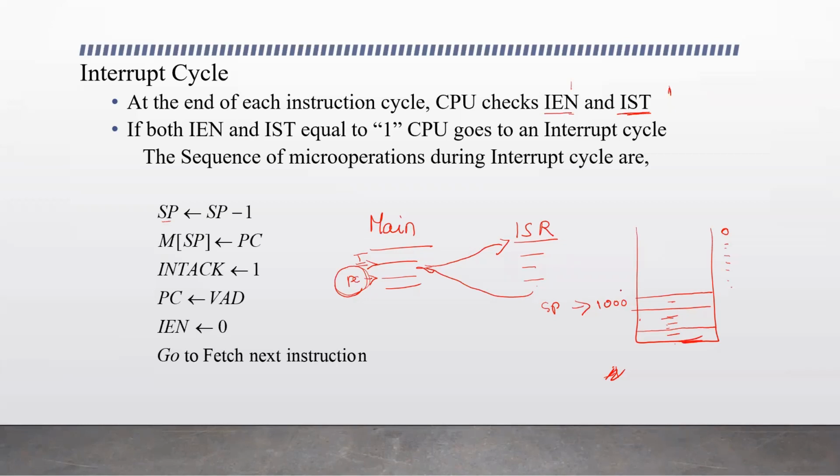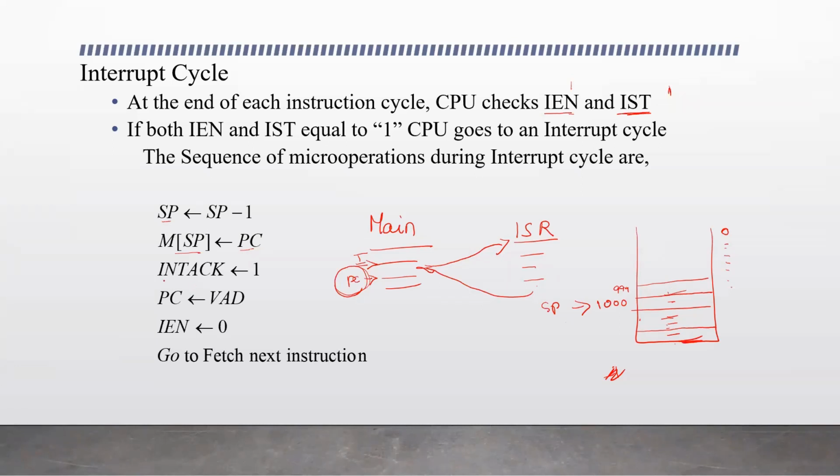So 1000 minus 1 becomes 999, and at this place the value of PC is stored. M of SP, the memory word at SP, gets PC. PC is the program counter register, and the return address will be stored here.